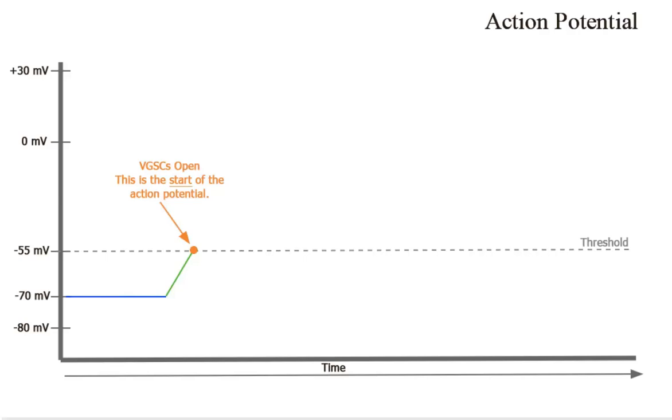Now, once they are open, a lot of them open, and you have a whole bunch of sodium that comes rushing into the neuron. As the sodium rushes into the neuron, it causes more voltage-gated sodium channels to open nearby. And so soon you have a whole bunch of channels open and a whole bunch of sodium rushing in.